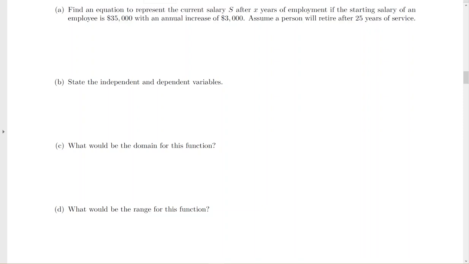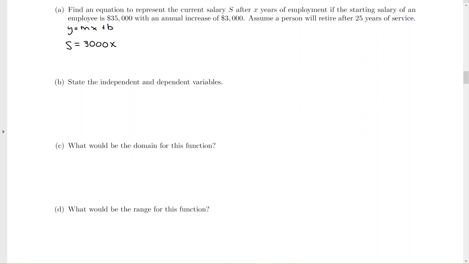When you write up the equation, you're thinking of the model y equals mx plus b. But we're going to use the letters that are suggested in the problem. So our output is our salary, S, equals the slope, or the average rate of change, our increase, $3,000 annually.